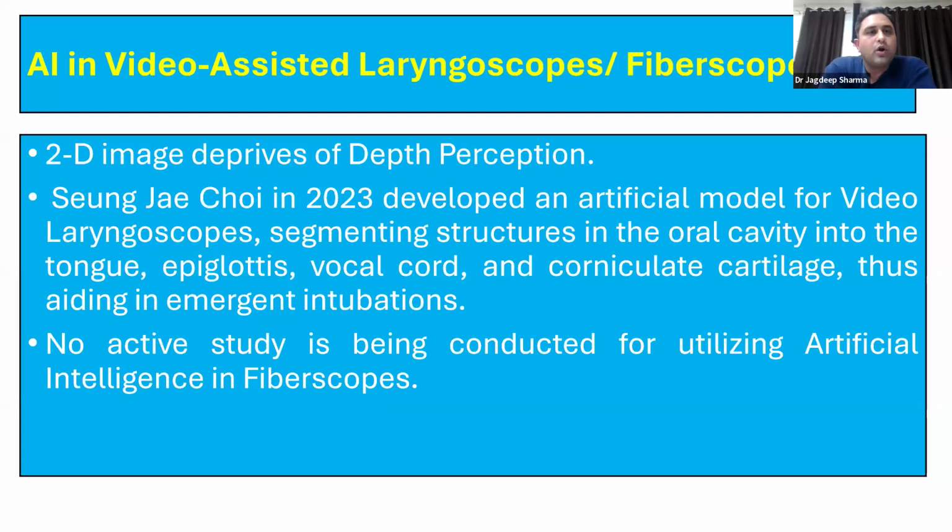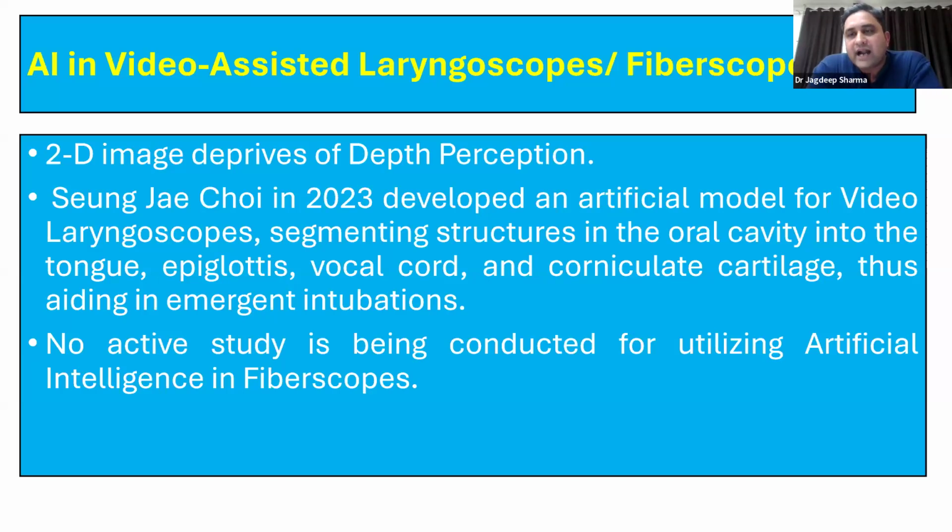Now, coming on to the role of AI in video-assisted laryngoscopes or fiberscopes. Right now, there is no active study being conducted for utilizing artificial intelligence in fiberscopes. But in video laryngoscopes, one shortcoming is that the 2D image deprives depth perception. So Song Jae Cho published in 2023.